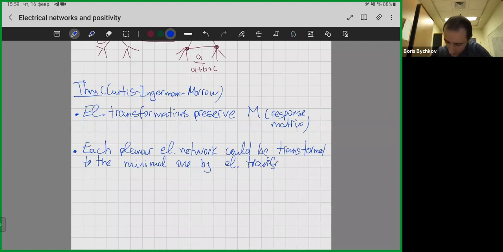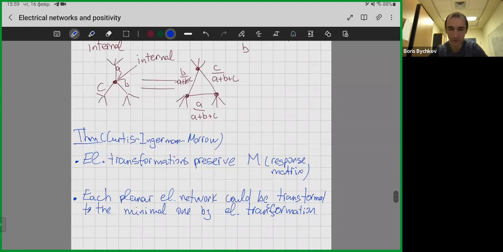And moreover, if we have some network and we obtain, by two sequences of electrical transformations, two minimal graphs, G1 and G2, then these G1 and G2 could be transformed into one another only by these star-triangle moves.